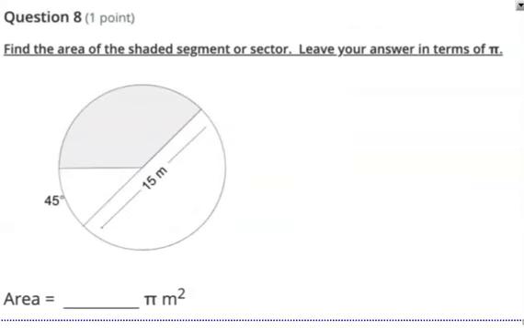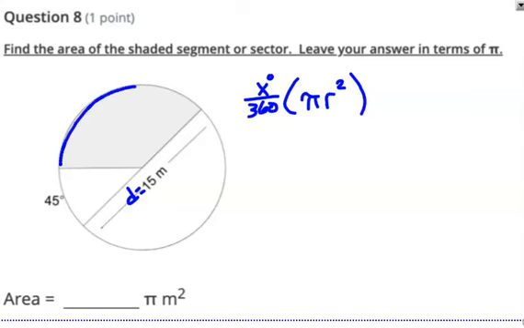Next, this one again says in terms of pi. So this is the same picture we had before, but we have a diameter of 15. We need x over 360 times pi r squared. So x degrees. How many degrees out of 360? So the part that we want is this part. We want to know the area of this. This has 135 degrees like we talked about in the previous one.